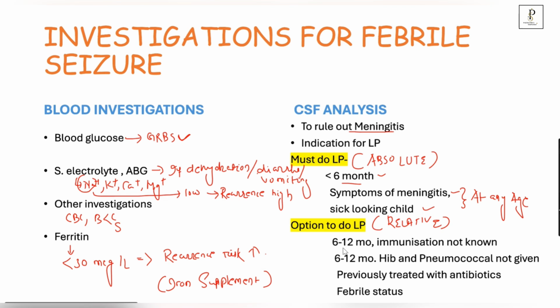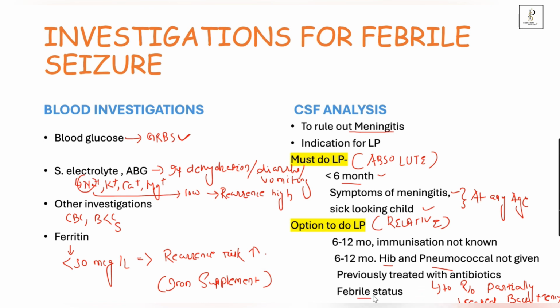Options for doing LP: if the child is 6 to 12 months old and immunization status is not known, or 6 to 12 months old and Hib and pneumococcal vaccines are not given, or the child was previously treated with antibiotic, then to rule out partially treated bacterial meningitis, you have to do LP.